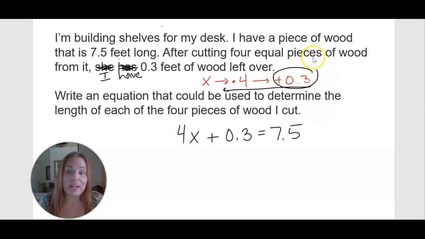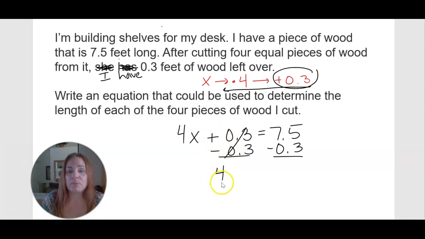The opposite of adding 0.3 is to subtract. We're always using opposite operations, okay? Not the opposite number, opposite operations. So adding means we have to subtract. So I bring my 4x down. 7.5 minus 0.3 is 7.2. Good. Done.